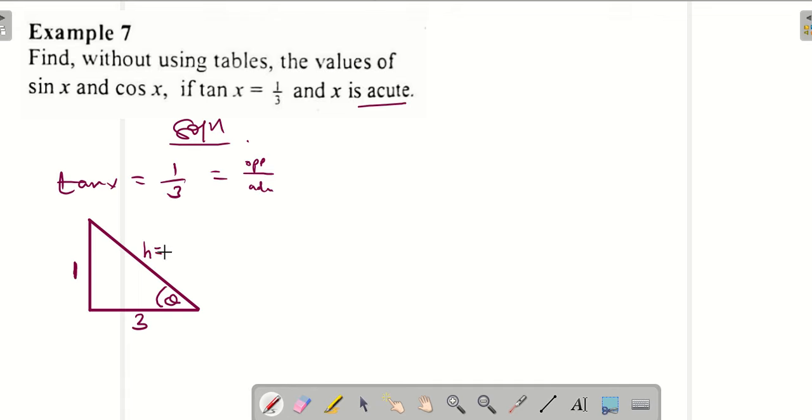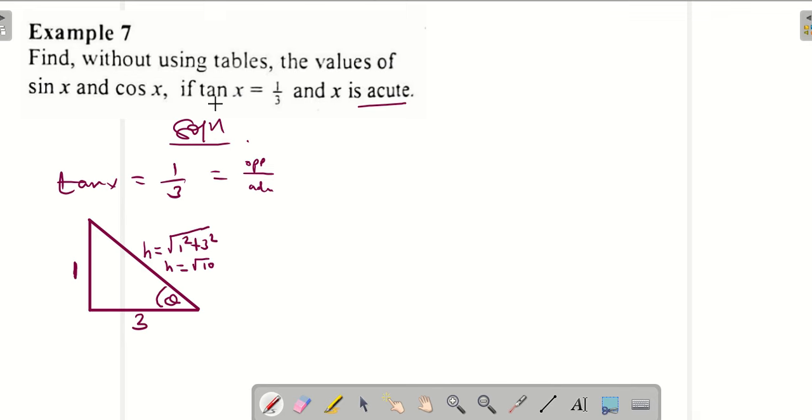The hypotenuse will always be the square root of opposite squared plus the adjacent squared. So our hypotenuse is going to be 3 squared is 9, plus 1 is 10, root of 10. That is our hypotenuse.